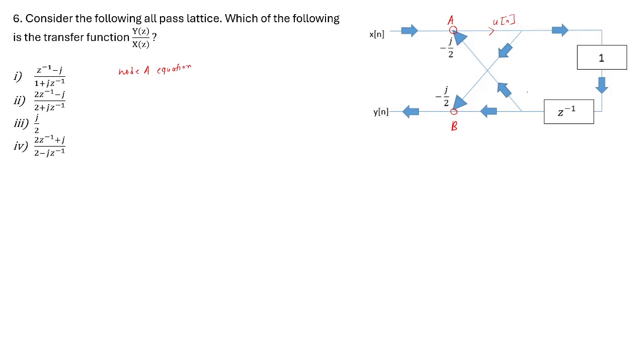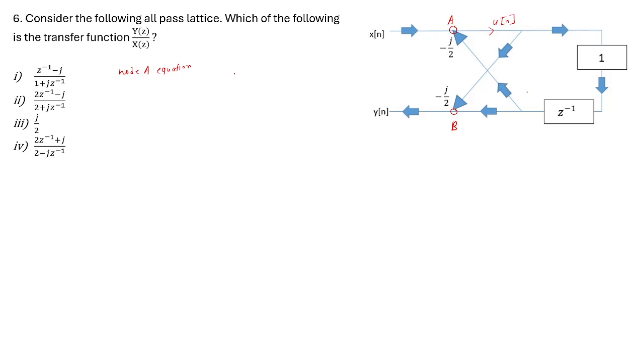We'll write in terms of the z-transform of the input signal and also the intermediate signal. It is not a difficult task because unit gain basically means nothing else, and delay by 1 unit in the time domain represents u[n] being u[n-1], whereas in the z domain it just corresponds to z inverse times U(z).